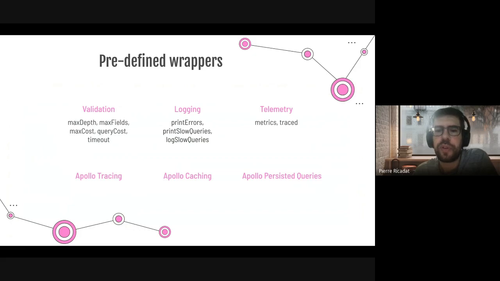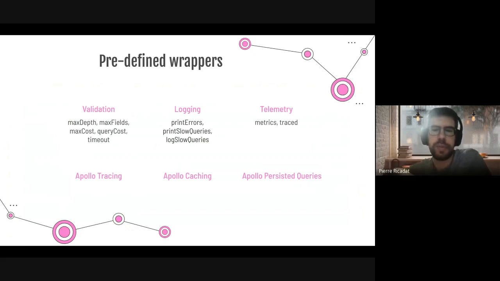Then we have wrappers for logging, like the one I just showed before, so you can print errors, or print or log slow queries. We have wrappers for metrics, which add, for example, time spent per query as a metric. And there's another one for adding traces, to create a root span for every query, and so on.